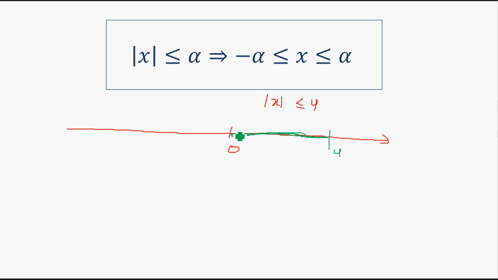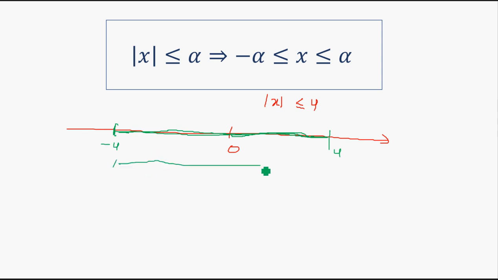Okay. Similarly, to the left hand side also, minus 4. Sorry, mod x is less than 4. There will be as many numbers between 0 and 4, and so are the numbers between 0 and minus 4. So this is the region I am talking about.